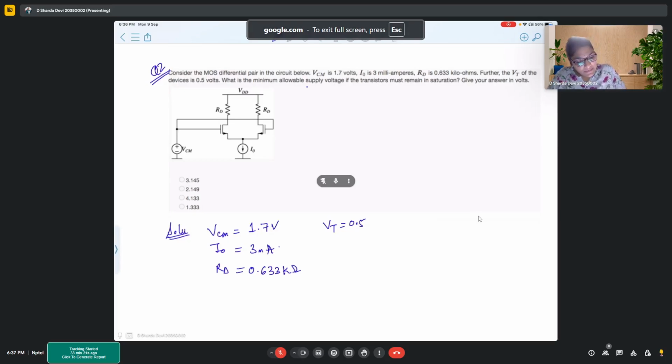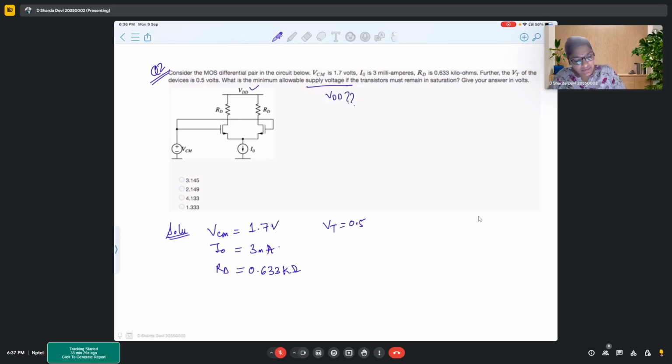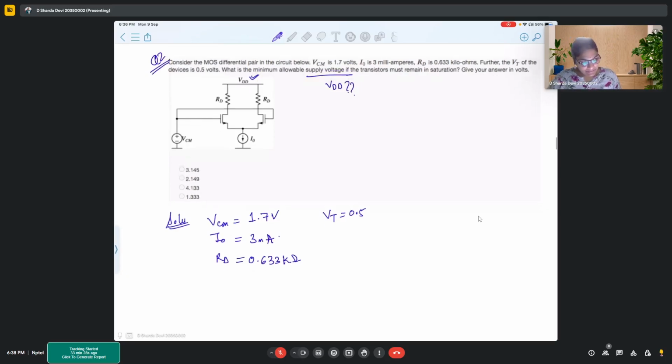Supply voltage means VDD. So here we have to find the value of VDD such that for the given currents, your transistor first of all has to be in saturation.